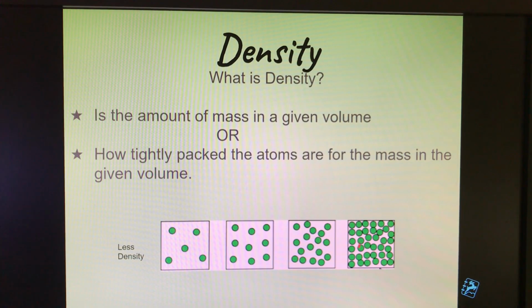The density of this object within this volume happens to be more density. The more atoms packed into a volume, the more density it is. The fewer atoms within a volume for an object, the less density.